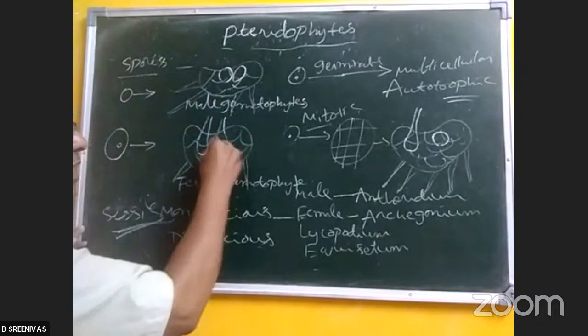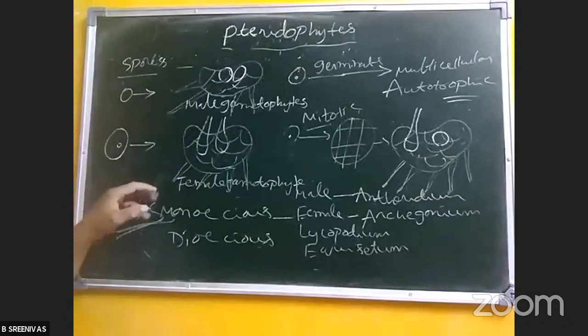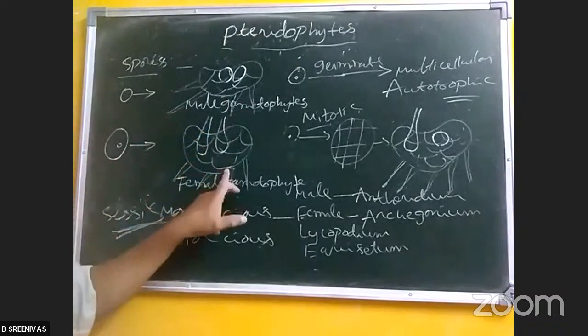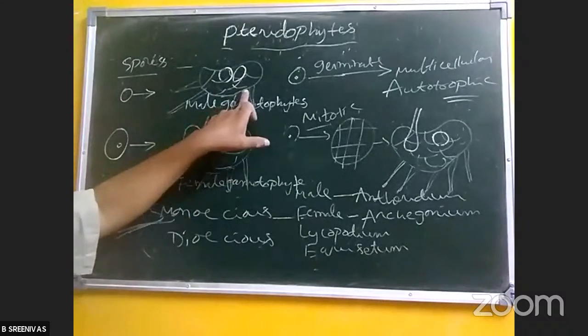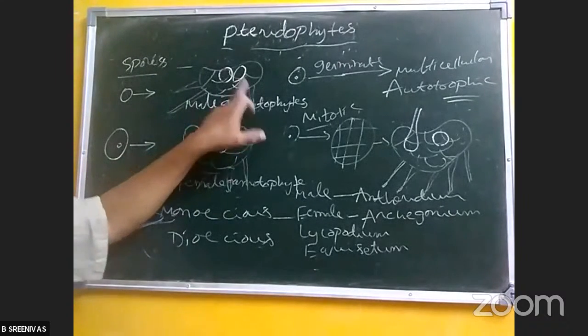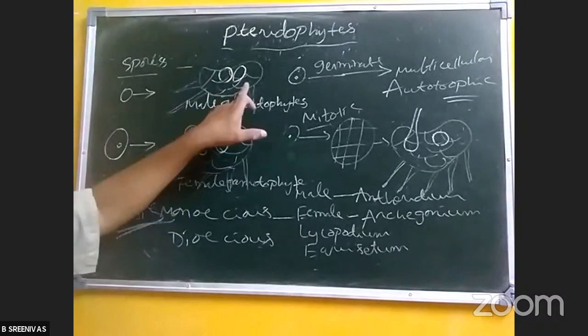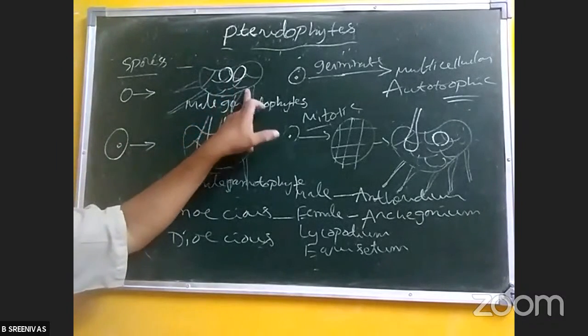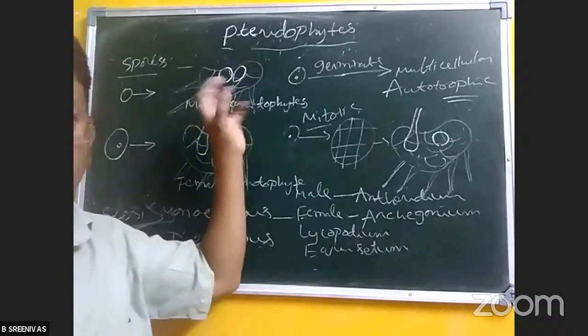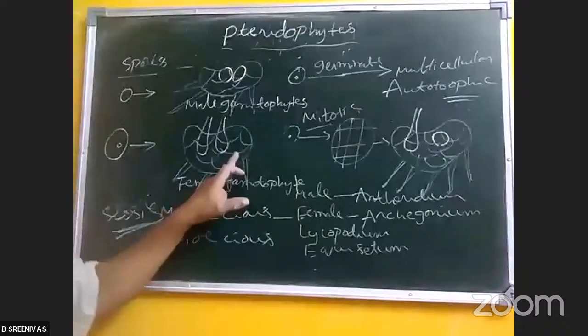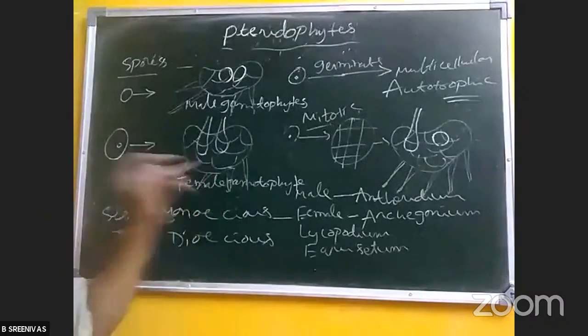So how can you define the male gametophyte and female gametophyte? The gametophyte with the antheridia is called the male gametophyte. It is a free living, independently living autotrophic stage of the pteridophytes. The gametophyte which bears the archegonia is called the female gametophyte.